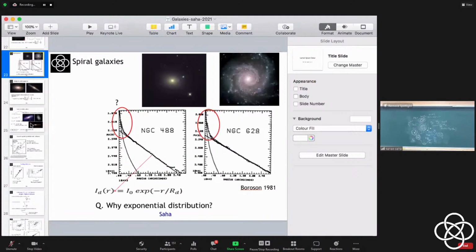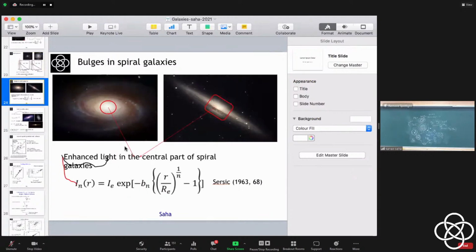No, see, there are two sizes here. This size is a scale length; the length scale here is one scale length. The other size that you see here is called the RE. When R is equal to capital RE, I is IE, the effective surface brightness, which means that RE is called the effective radius of the galaxy.